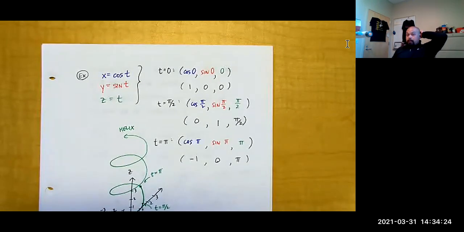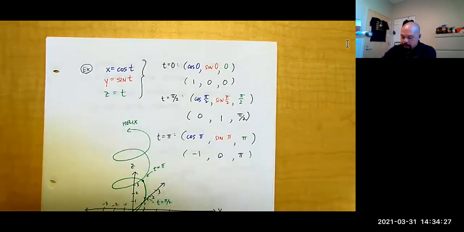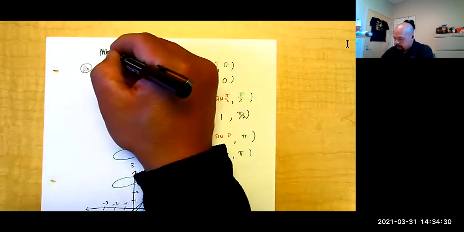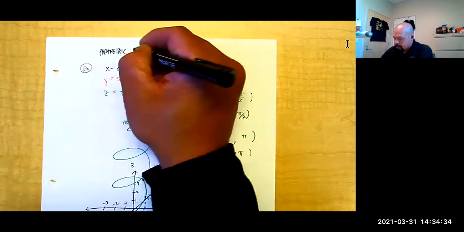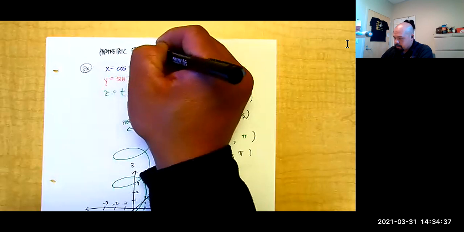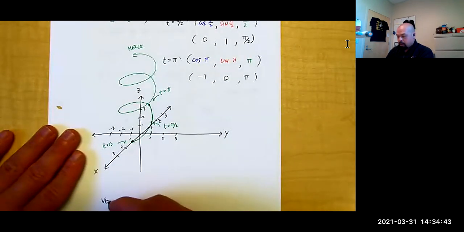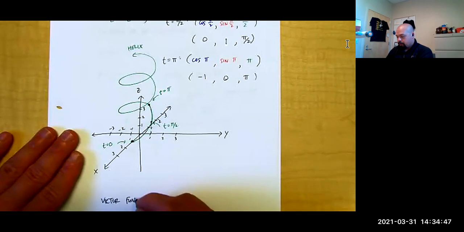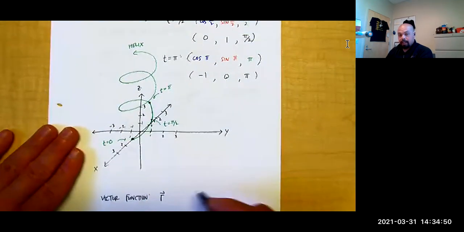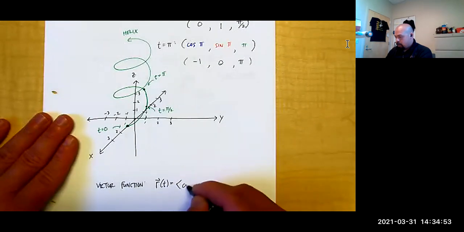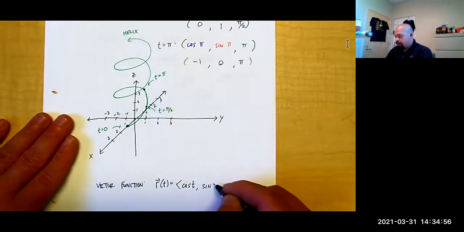So again, for these space curves, we can either have our parametric equations, or we can represent that as a vector function, that r of t, cosine of t, sine of t, t.